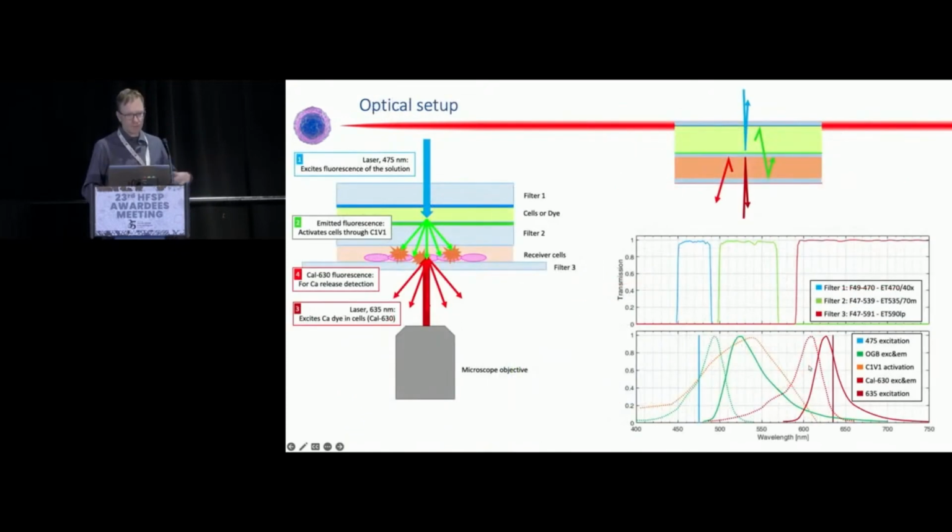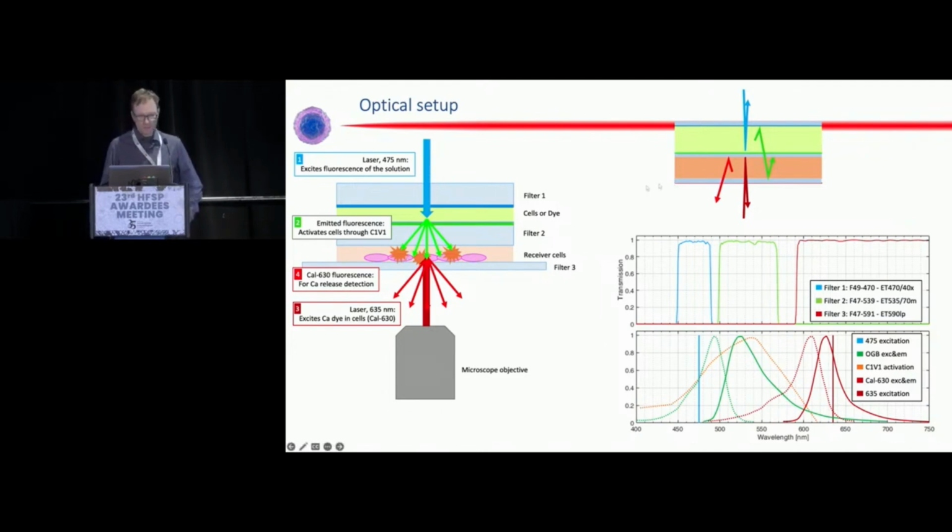So to combine this for optical communication, we have some kind of sandwich structure, so not with optical fibers yet. This is just the beginning, and you have the 2 or 3 mirrors here, and in the upper part there are cells, or initially we just use fluorescent dye to test this, and at the bottom there are cells that receive this signal, and then with another laser we do calcium imaging to see if we can really activate these cells.